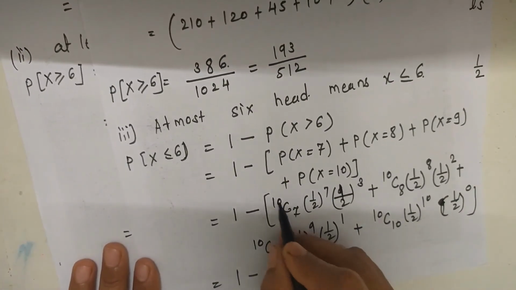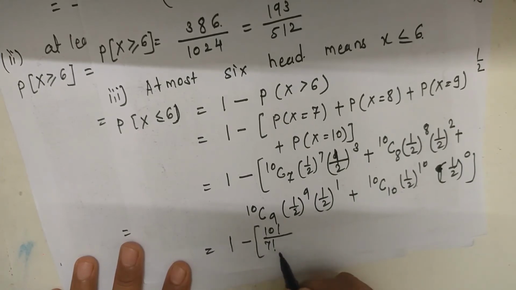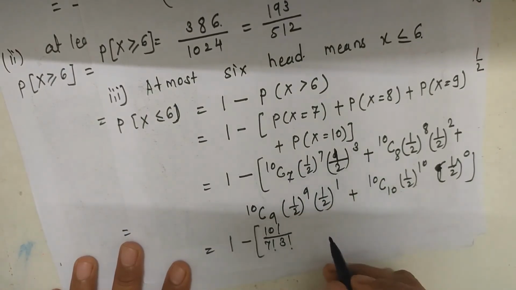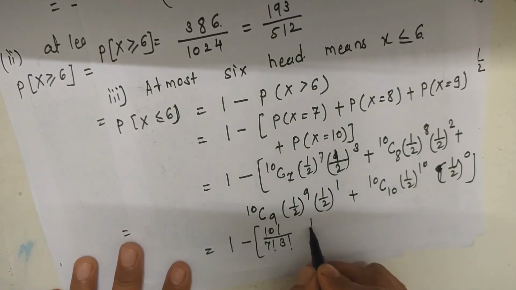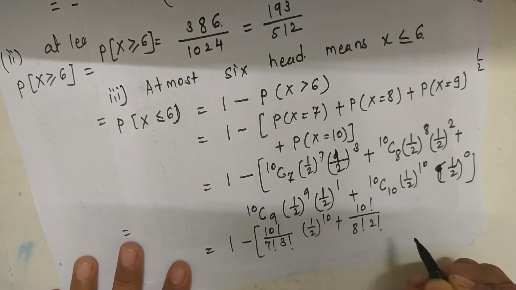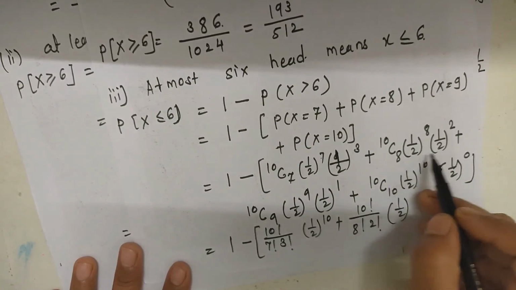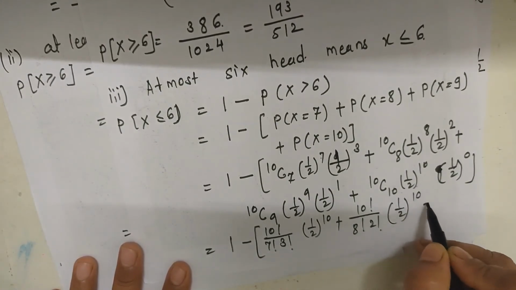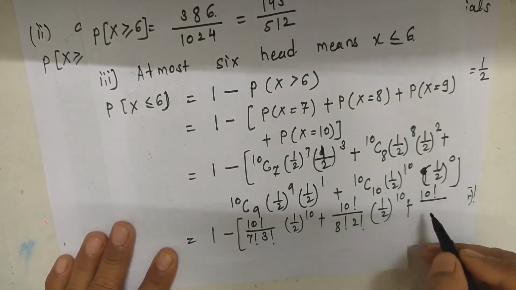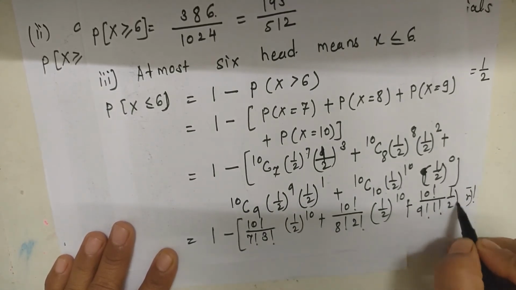Now 1 minus 10c7. 10c7 means 10 factorial upon 7 factorial into 10 minus 7, 3 factorial, half raised to 7 into half raised to 3, that is addition of indices 7 plus 3, half raised to 10, plus 10c8, 10 factorial upon 8 factorial into 2 factorial, and addition of indices 8 plus 2 with the same base, that is half raised to 10, plus the next term 10c9 can be written as 10 factorial upon 9 factorial into 1 factorial, half raised to 10.